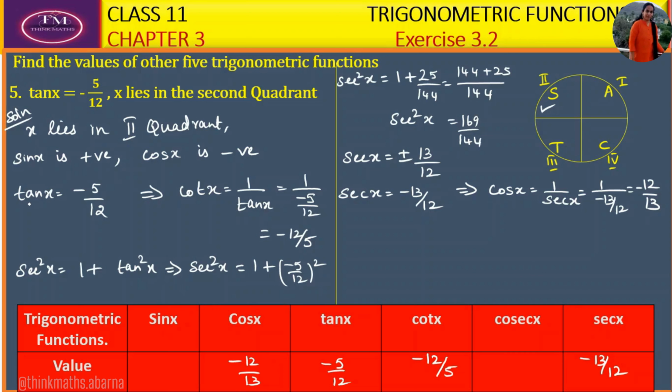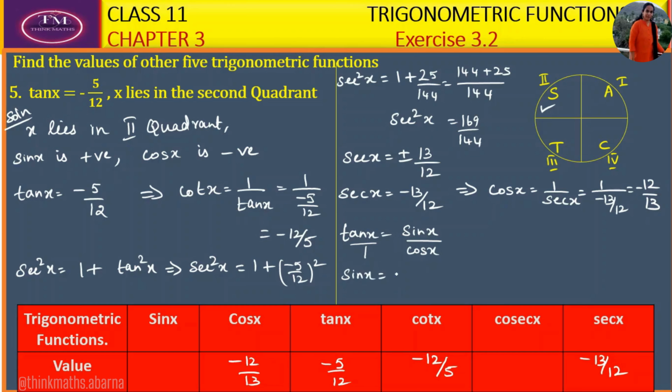As we know tan x and cos x, we can easily find out sin x because tan x equal to sin x by cos x. We know tan x as well as cos x. So just cross multiply. 1 into sin x is sin x, tan x into cos x.